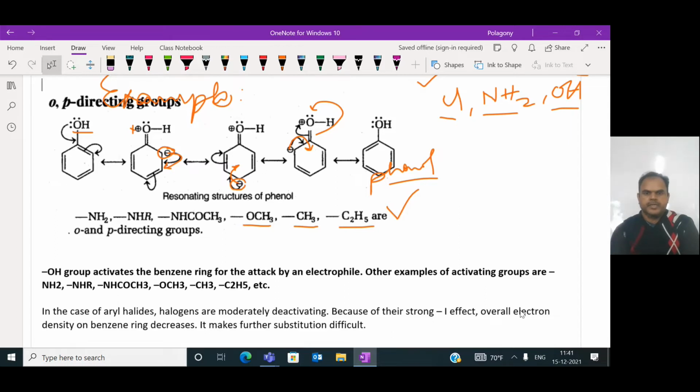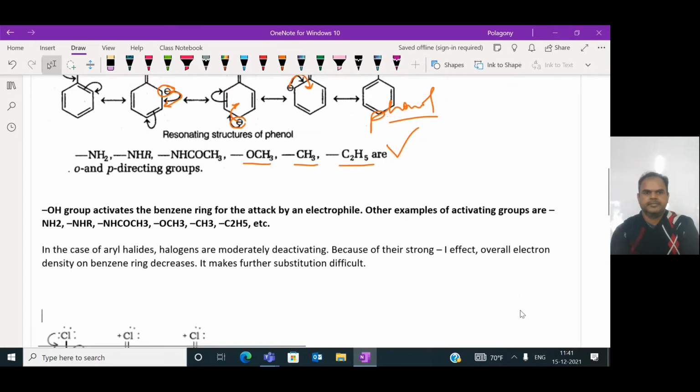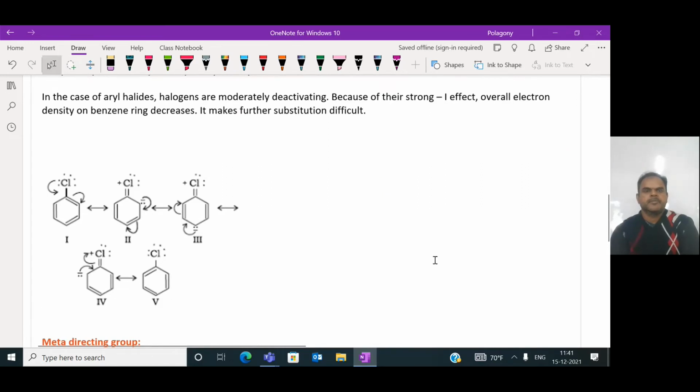Okay, now in the case of alkyl halides, halogens are moderately deactivating because of their strong negative inductive effect; overall electron density on the benzene ring decreases. It makes further substitution difficult. See, the chlorine is present on the benzene as a substituent, releasing electrons into the ring and making the ortho position more negative, the para position more negative.